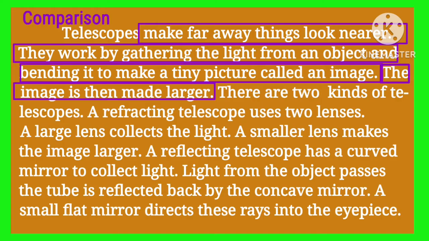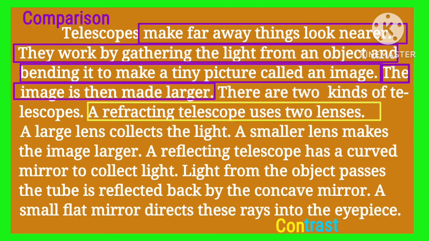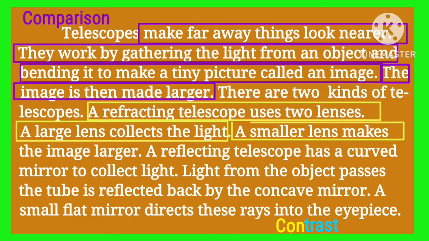Next, we will discuss contrast, or the different characteristics of the two kinds of telescopes. The refracting telescope uses two lenses. The large lens collects the light. The smaller lens makes the image larger. While the reflecting telescope has a curved mirror to collect light.